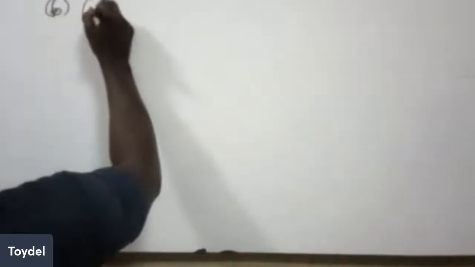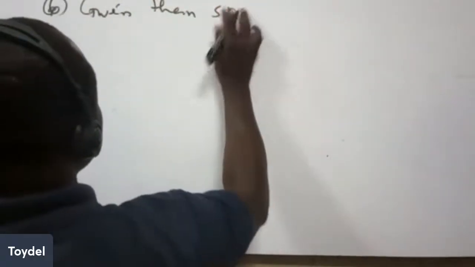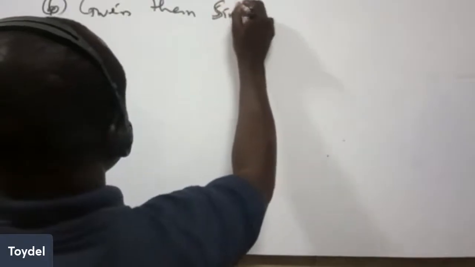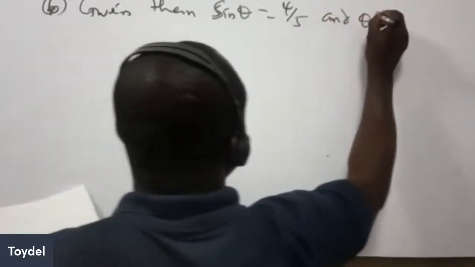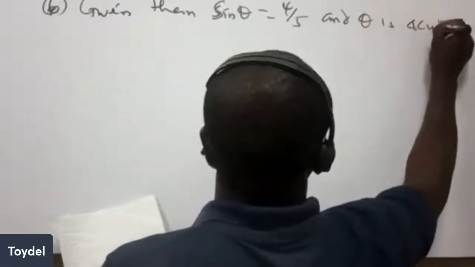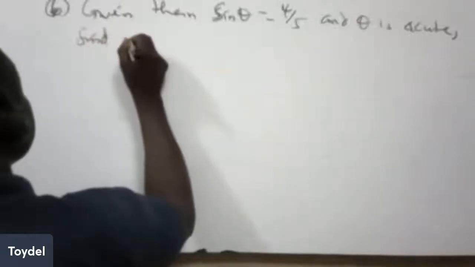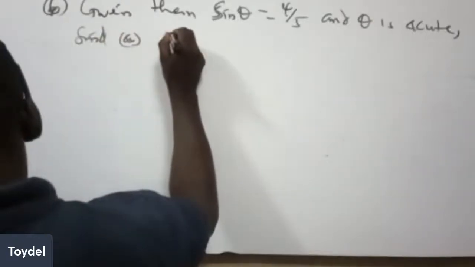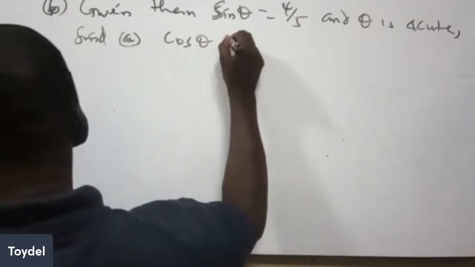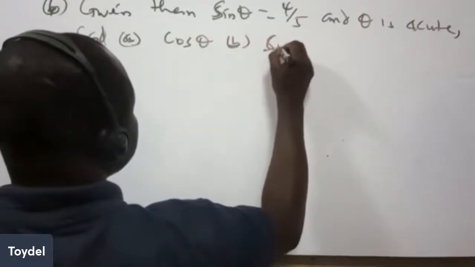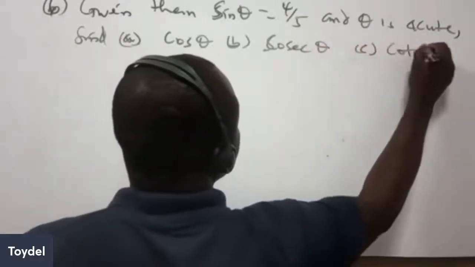So the question says that given that sine theta is equal to 4 all over 5 and theta is acute, find A cos theta, then B cosec theta, then C cot theta.